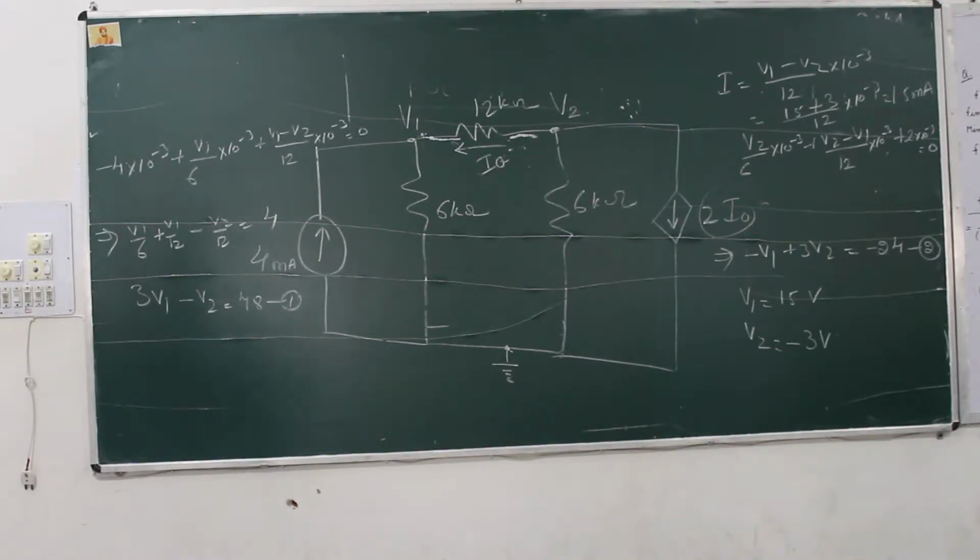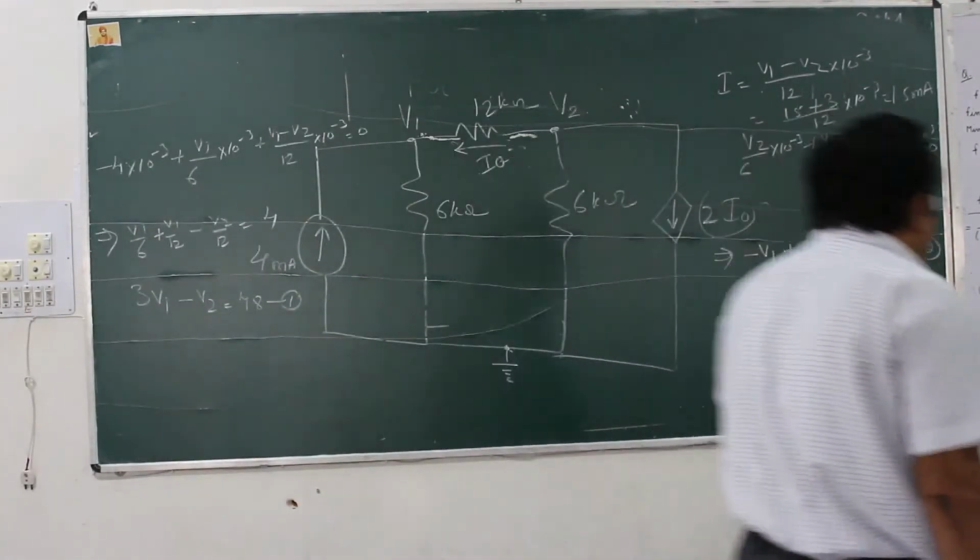Is it clear? So, we have to express the dependent quantities, maybe I naught, maybe V naught, in terms of the unknown voltages V1, V2, V3, etc. Is it clear? So that while solving the equation that unknown does not come into the picture. Clear? Very simple. So let us take one numerical to have a better understanding of this concept.